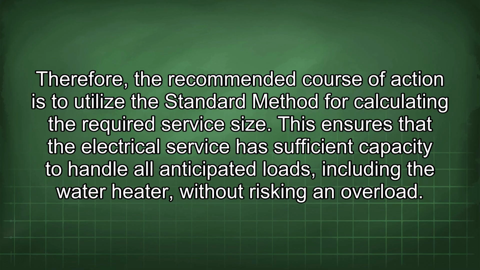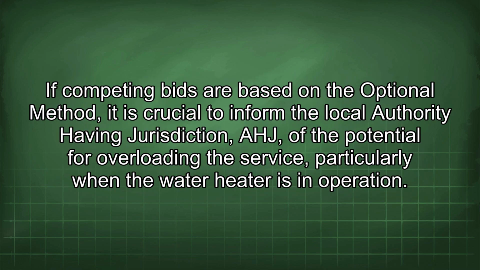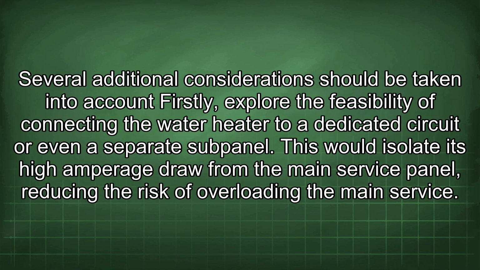This ensures that the electrical service has sufficient capacity to handle all anticipated loads, including the water heater, without risking an overload. If competing bids are based on the optional method, it is crucial to inform the local authority having jurisdiction, AHJ, of the potential for overloading the service, particularly when the water heater is in operation. Several additional considerations should be taken into account.